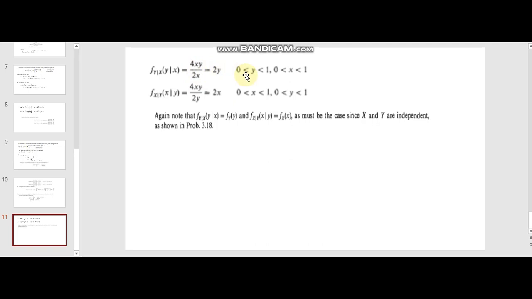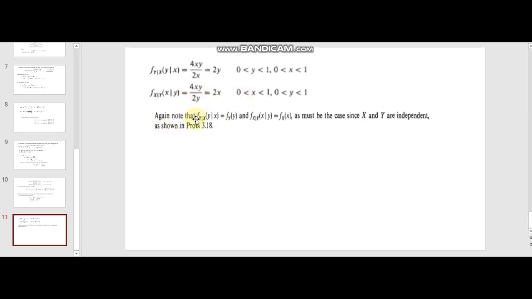The condition is x and y are greater than 0 and less than 1. Similarly, the conditional pdf of x given y, I will find by dividing the joint pdf of x and y by the marginal pdf of y. So I will get this is equal to 2x.